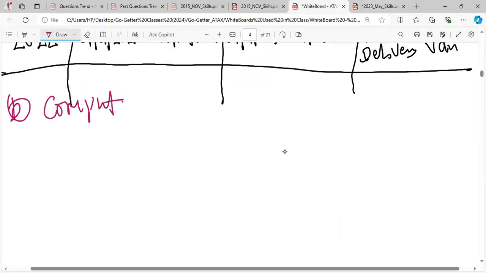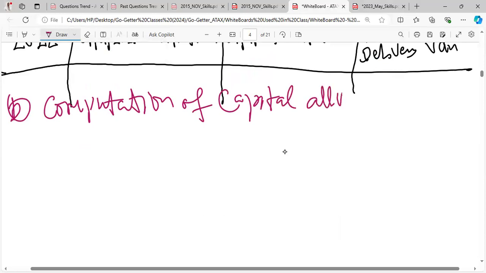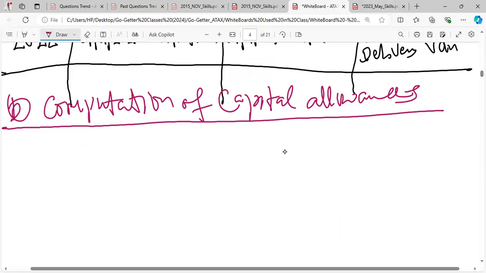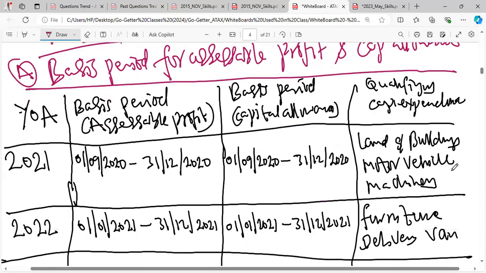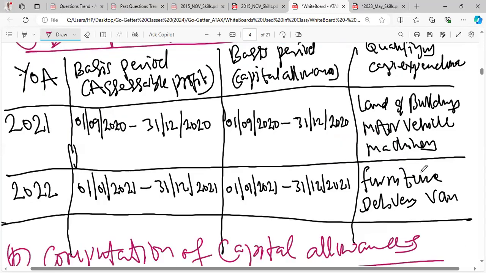computation of capital allowances. So we have how many things here? Land and building, motor vehicle, machinery, furniture, and delivery van will be under motor vehicle.